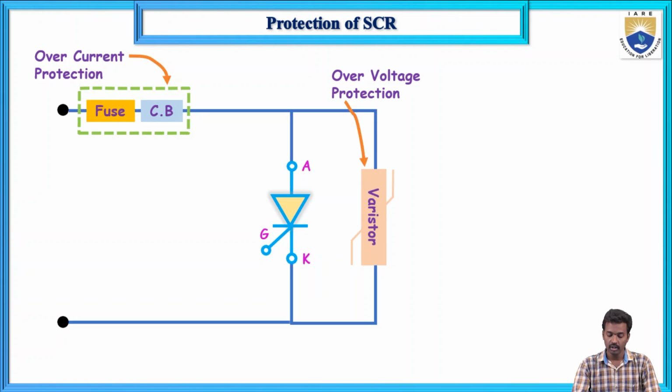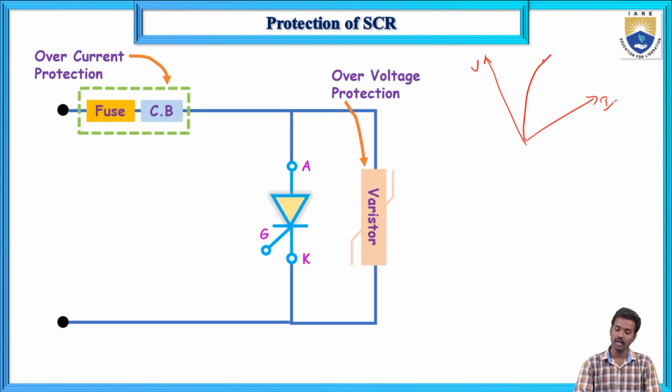So what are the properties of a varistor? If you draw the graph between voltage and current, V and I, the graph looks like this. At higher voltages it gives low impedance, low resistance, and at low voltages it offers high resistance.